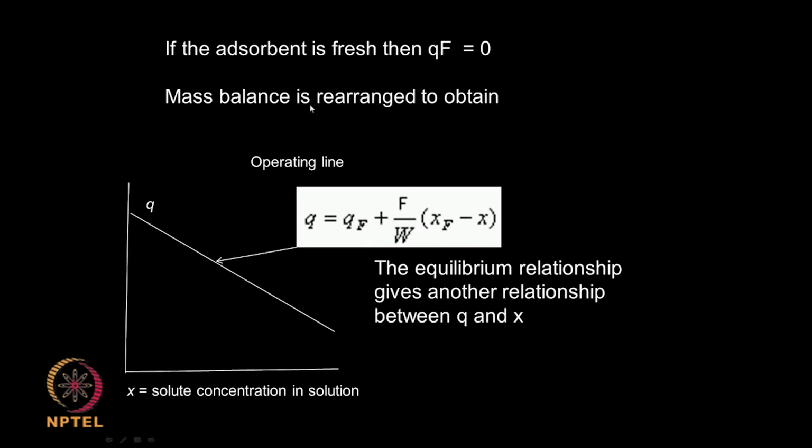Okay. So, if you plot that equation, that is called the operating line. Okay. So, on the y axis as I said will be Q, and on the x axis you will have x, and Q is equal to Qf plus F by W into Xf minus X. That is the previous equation which I have shown here.